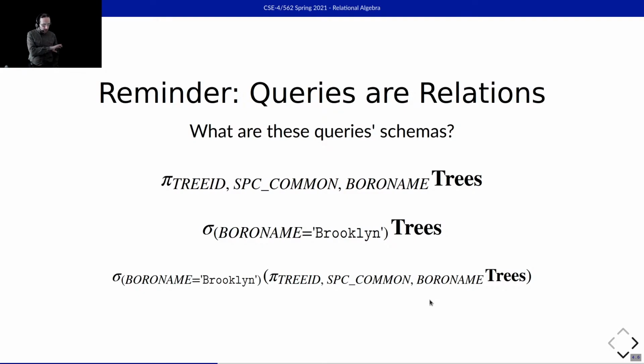I'm specifically looking here for all of the attributes and just filtering on a specific subset. And the third one, similarly, is returning all of the attributes of the input to the selection, but the input of the selection here, remember, we can compose queries. So the input to the selection here has the schema tree ID, SBC common, and burrow name. So the third query is going to return just those three attributes.